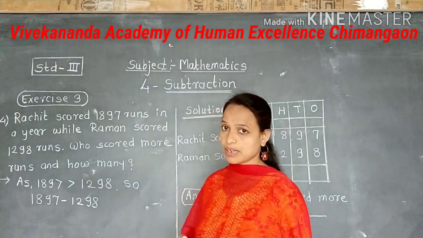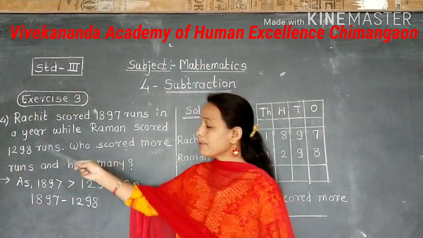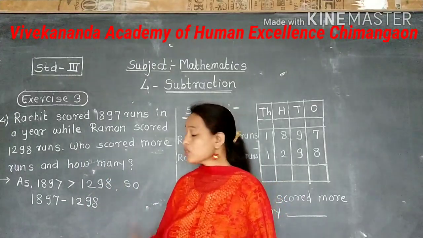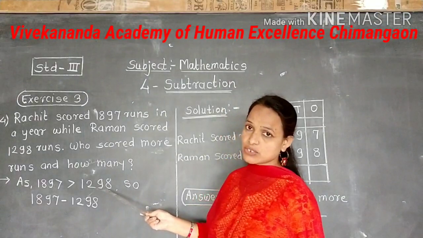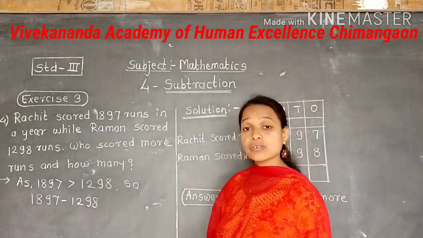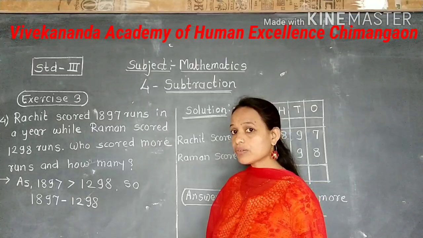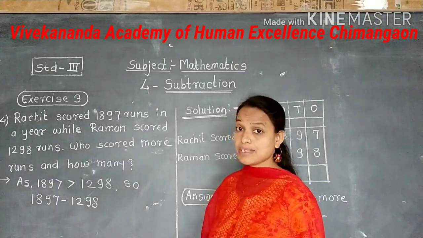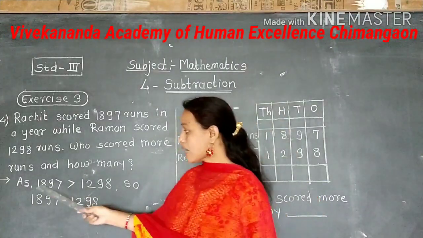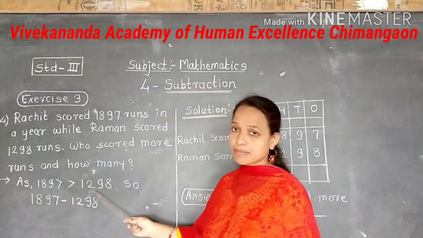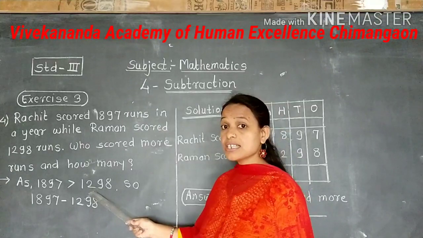So we have to compare these both numbers. Okay. So now if you observe these two numbers, you have to check first the leftmost digit, means 1000 digit. 1000 digit of first number is 1 and second number also 1, means both are same.